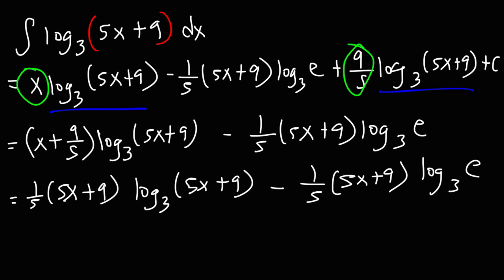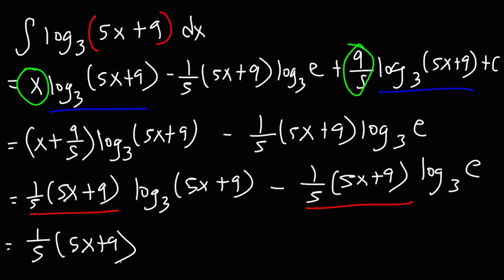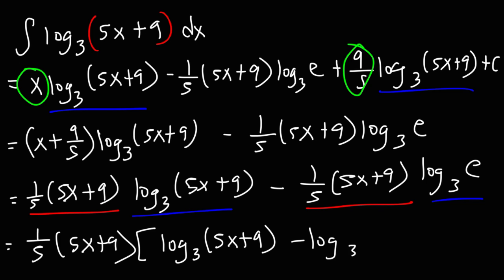Now the next thing we need to do is factor out 1 over 5 times (5x + 9). And so we're left with those two expressions, times log base 3 of (5x + 9) minus log base 3 of e.